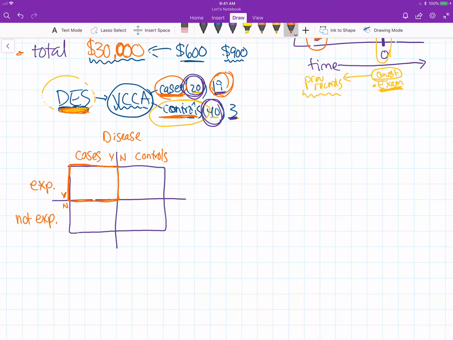And so notice that the yeses are in this top left corner. And I've done that specifically so that when I'm doing this repeatedly, I have a system and I always know how to interpret what I'm looking at.